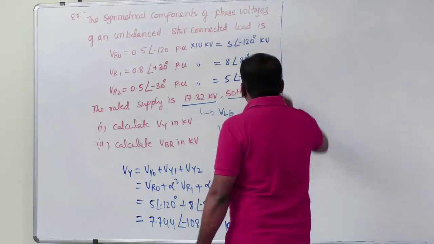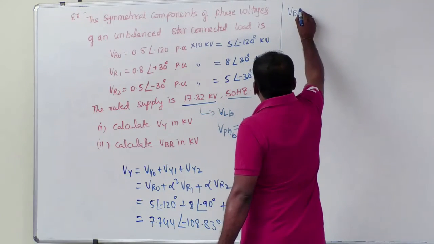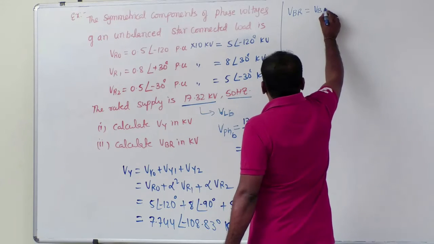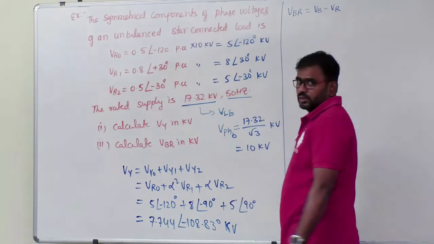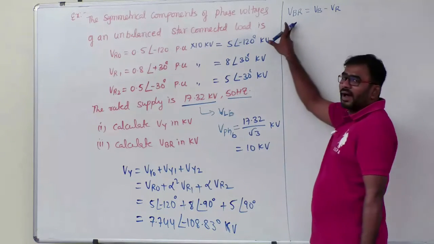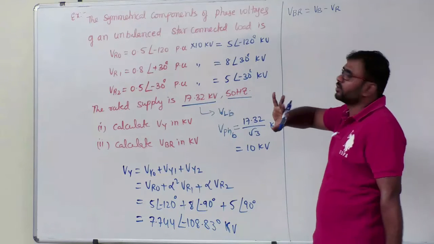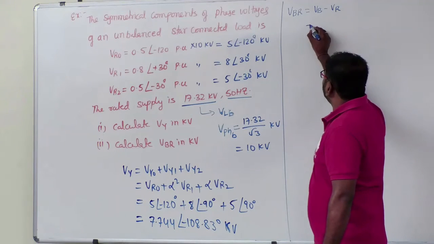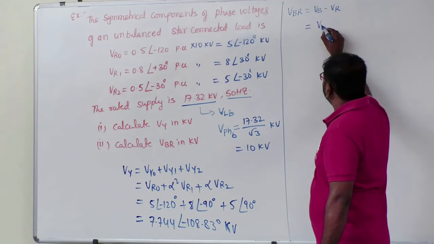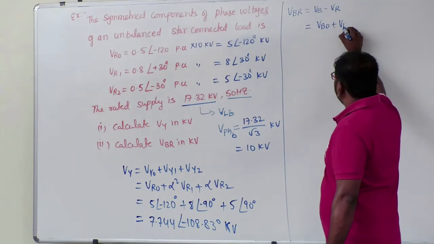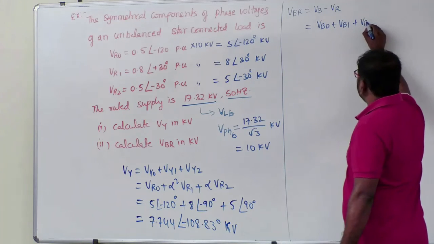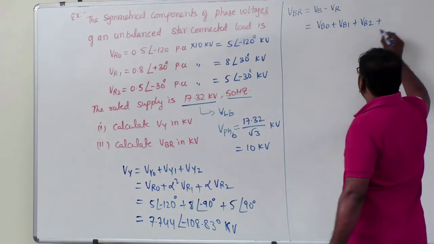Now how to calculate Vbr? Vbr can be written as Vb minus Vr. Correct or not? It might be balanced or unbalanced, this relation is valid. Vb minus Vr. What is Vb? Vb0, Vb1, Vb2. What is Vr?